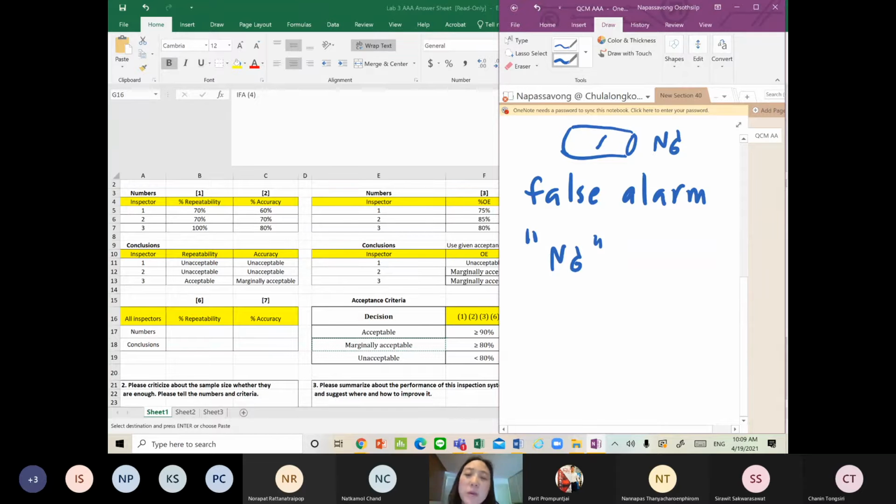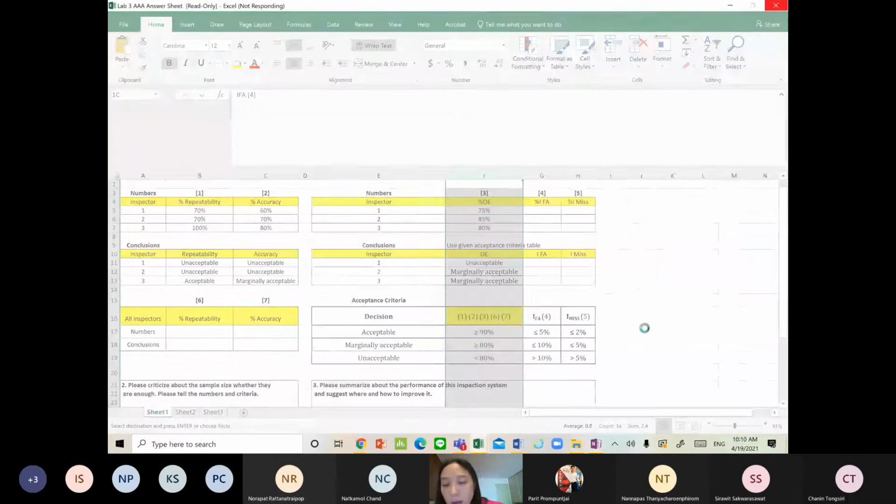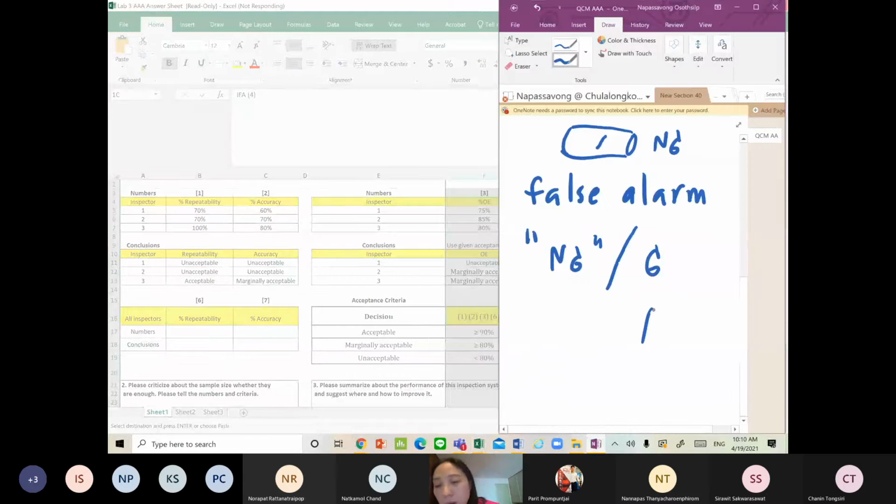But that is false, because the actual quality is good, okay? So, or we can say that actually the quality is good, but we designate wrongly that it is not good, okay?